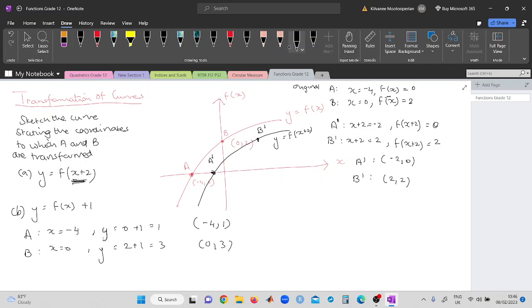And then I plot. So, minus 4, 1, un petit peu là-haut. On fait avec une autre couleur. Minus 4, 1, un petit peu par ici. 0, 3. So, 0, 3, qu'est-ce que ça veut dire?